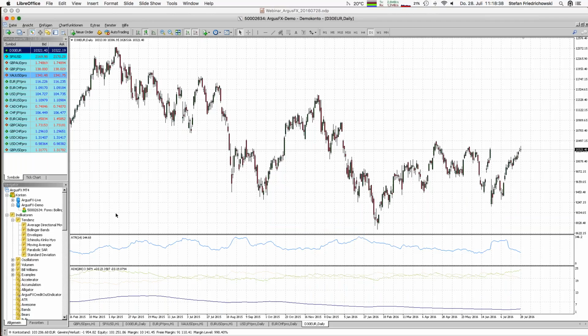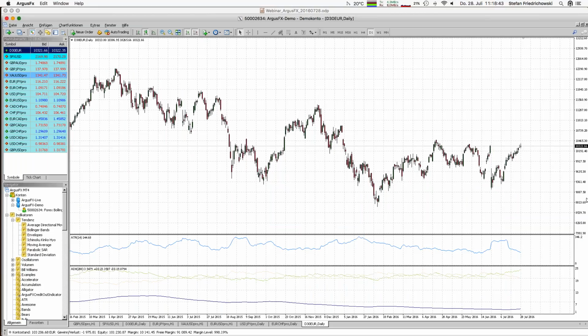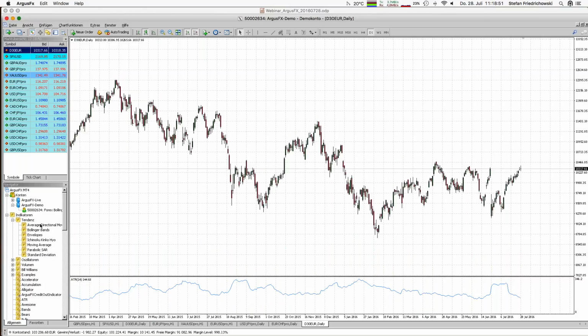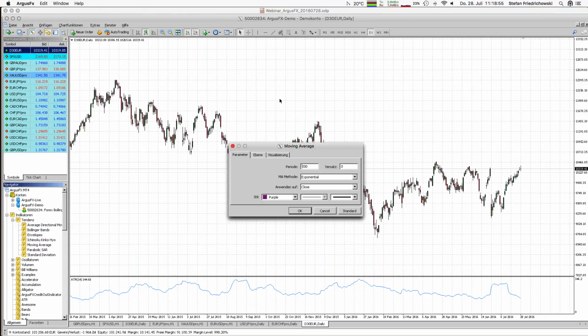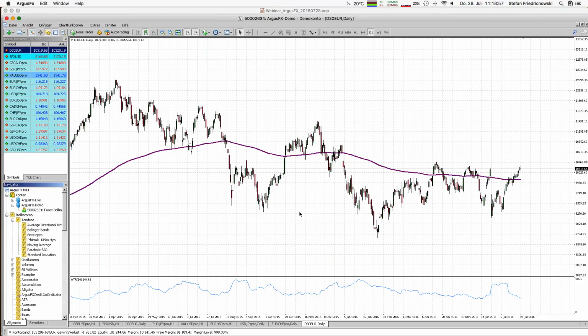And now, where's the indicator? Maybe not within the picture. Oh, that was the wrong indicator. Sorry for that. Now I have the right one. Okay, and now we have it.